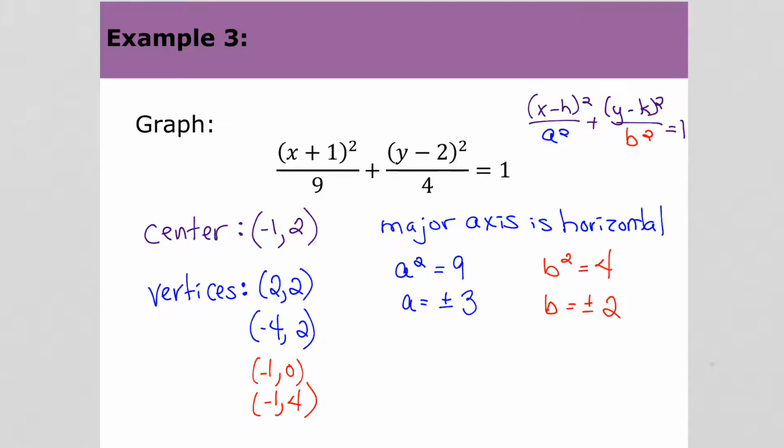So now we've got the center and the 2 vertices. All we need are the foci. To find the foci, we use c squared equals a squared minus b squared.